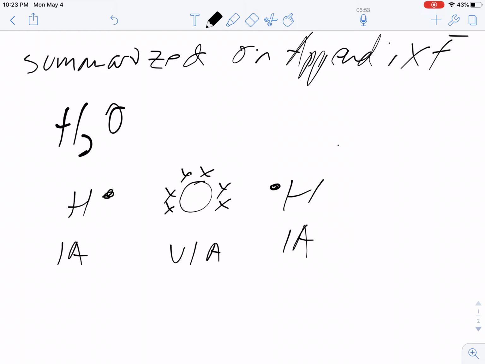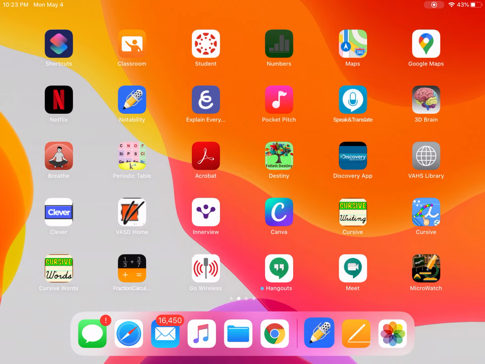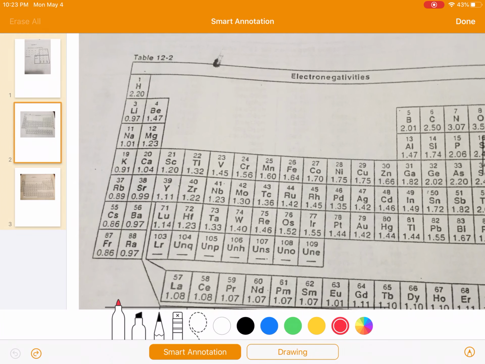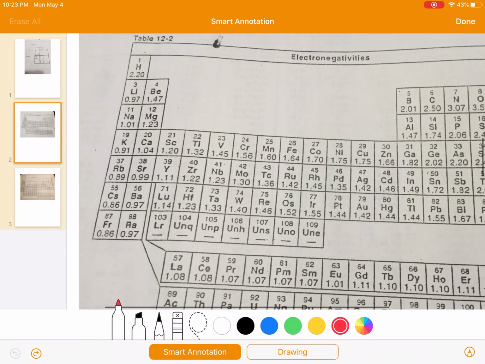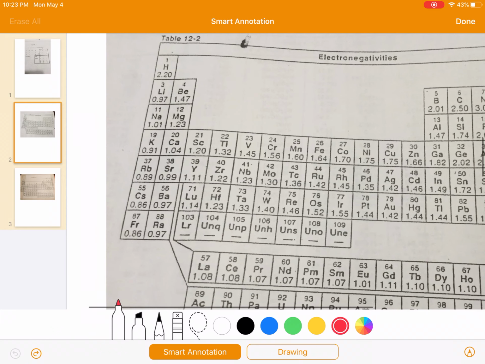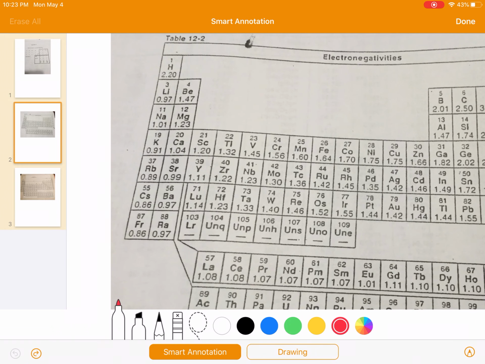Then I have to check the electronegativity. If I go to my electronegativity chart, you will see that oxygen has an electronegativity of 3.50, and hydrogen has an electronegativity of 2.20.